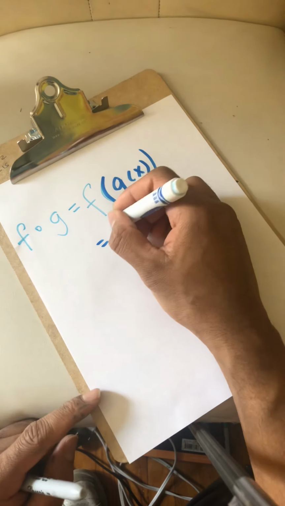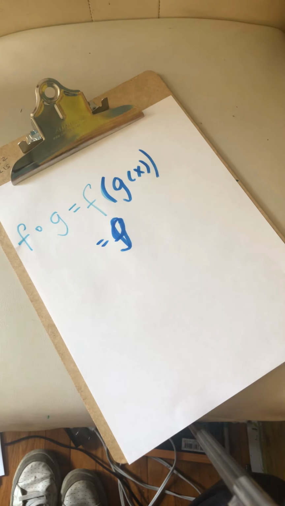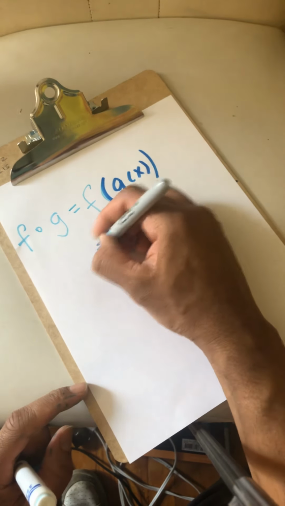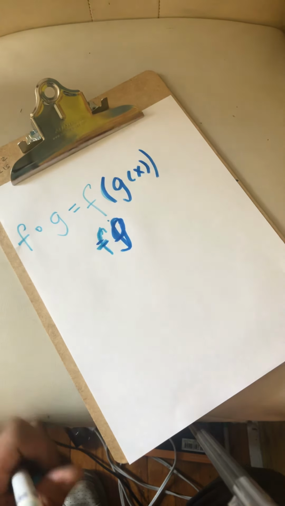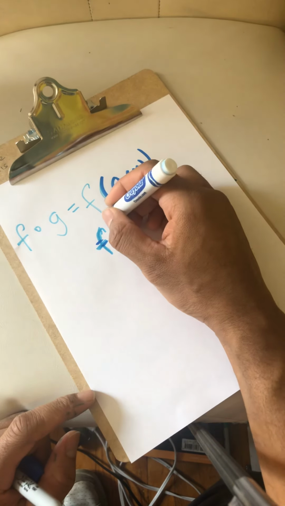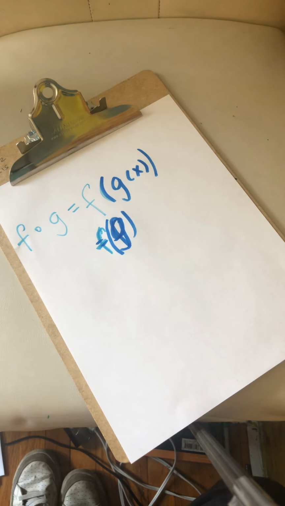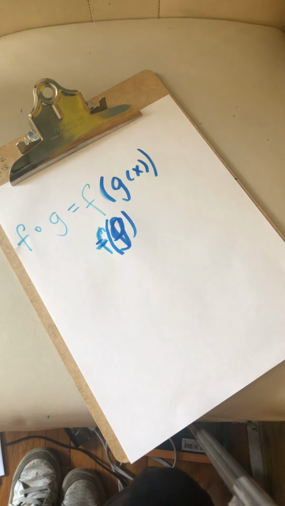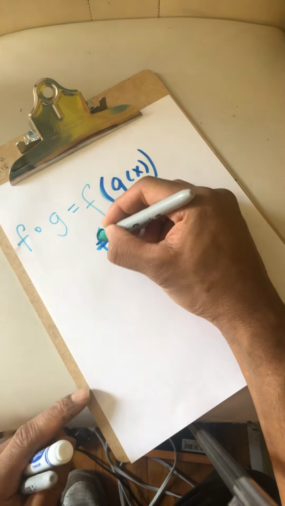I'm going to shorthand it as F, and I want the dark blue to be applied to the G only. So I have an F, and G is becoming the input. I need this visual. So G is now the input.